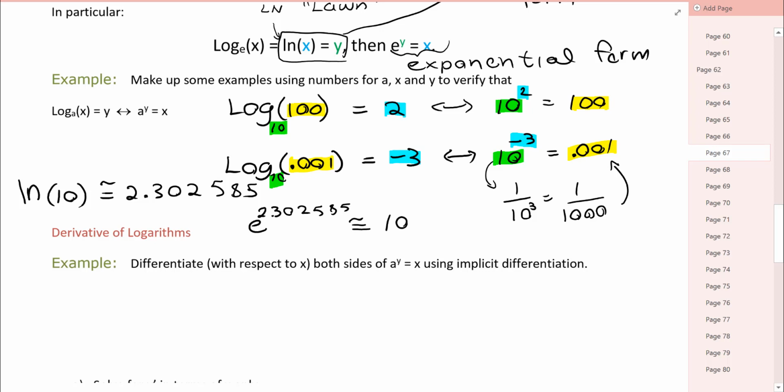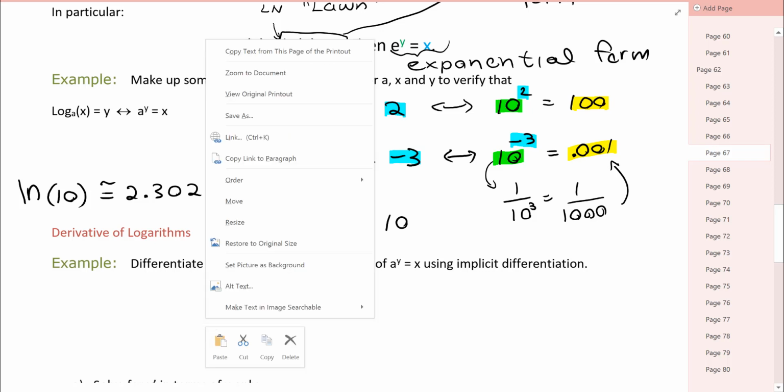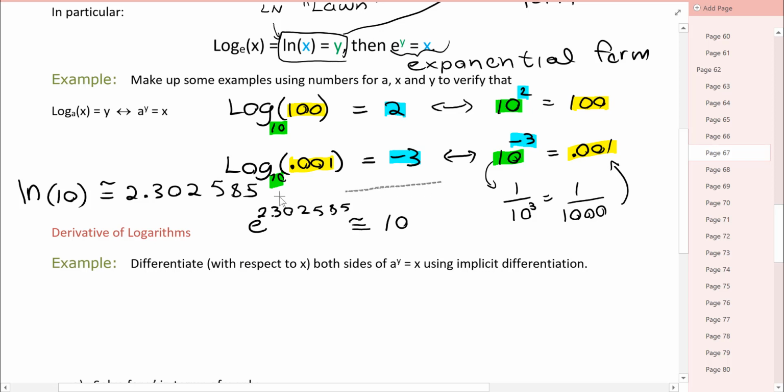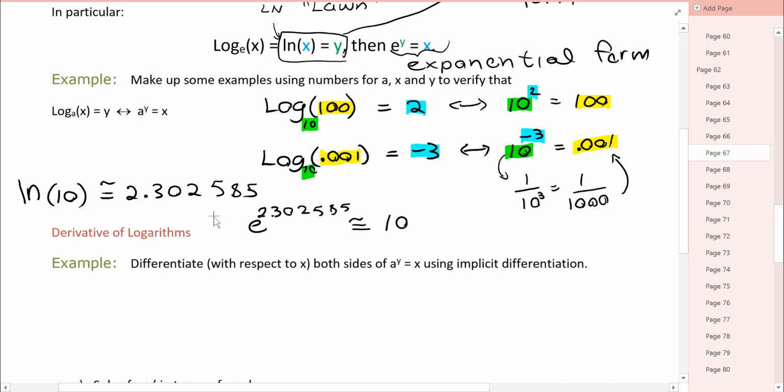Okay. So it's in base e. The base e logarithm of 10 is the power that you have to raise e to get 10.